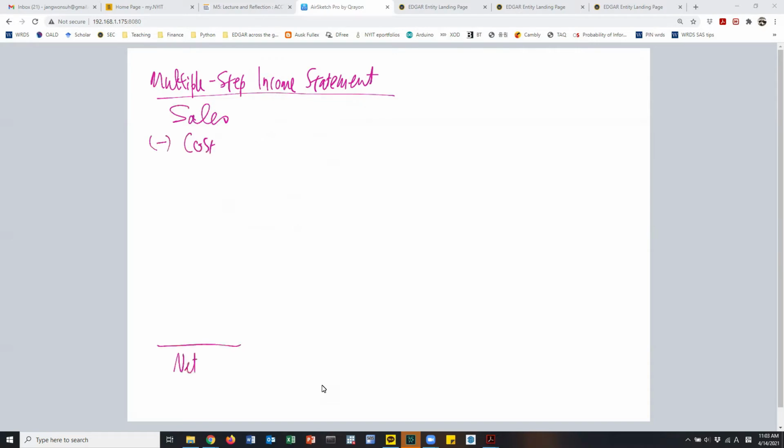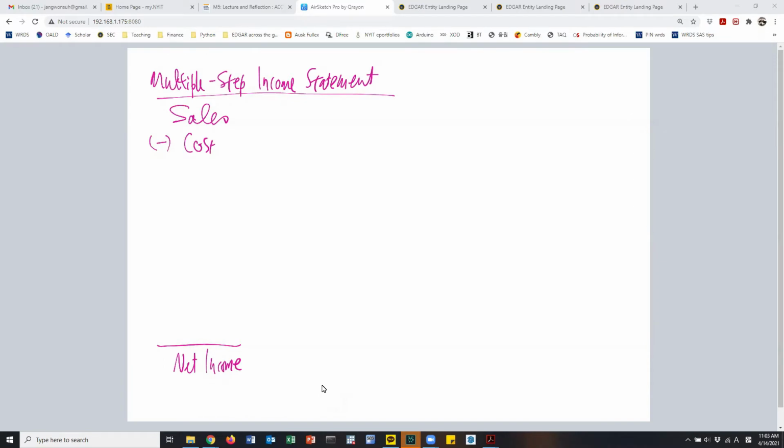Indeed, the multiple step income statement distinguishes cost into several components.